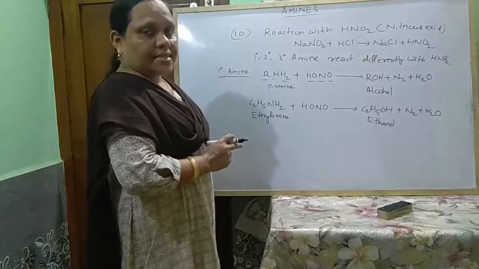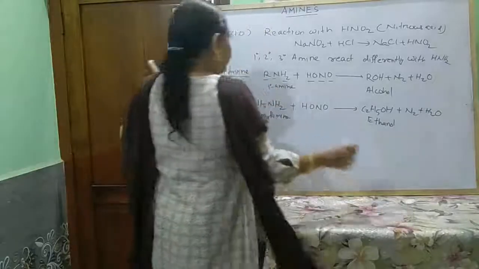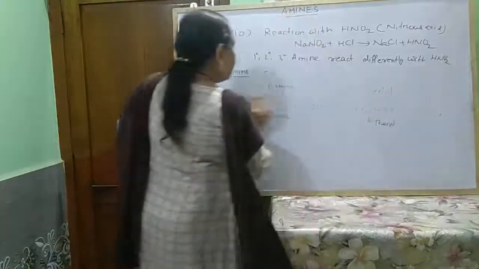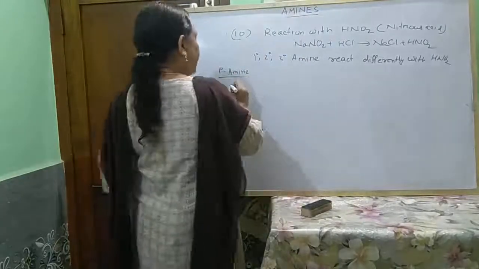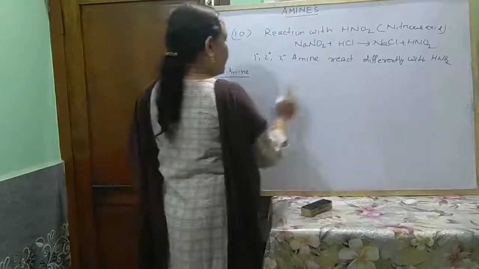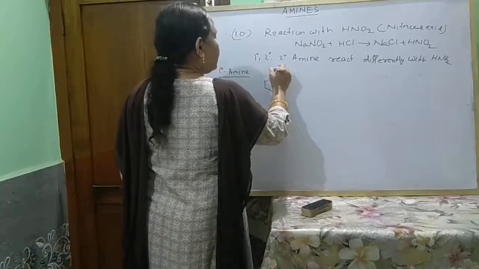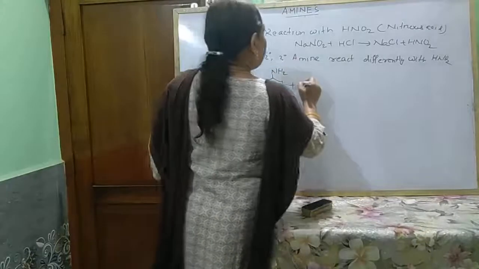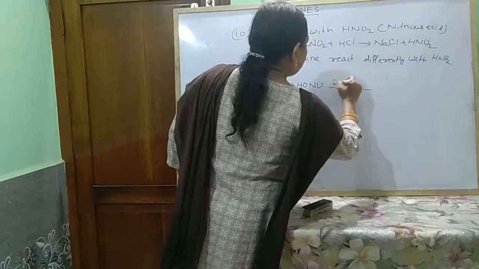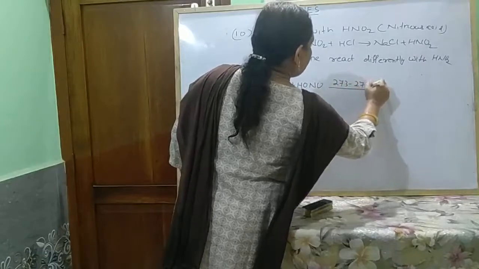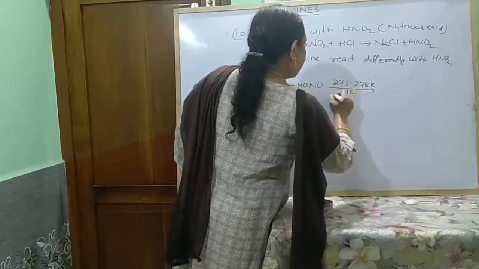Primary aromatic amines react differently at different temperatures. This was about aliphatic amine. Now a primary aromatic amine such as aniline reacts with nitrous acid at ice cool temperature, and the reaction takes place in acid medium.